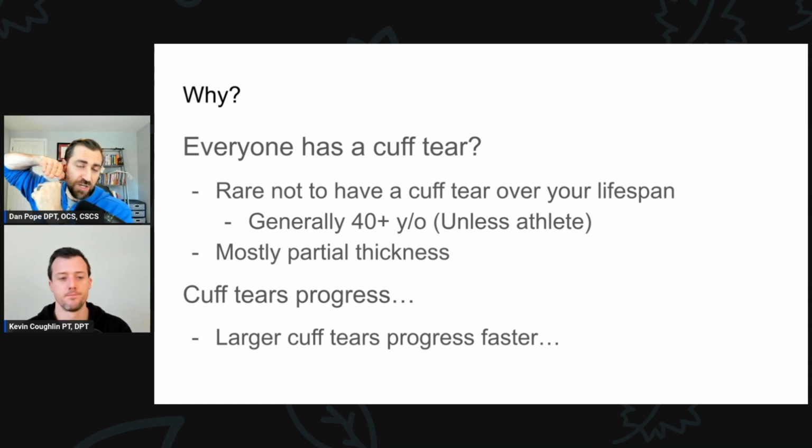But you can have a full thickness cuff tear and it's still attached. And what that means is that it's still strong, especially if the large majority of it is still attached. Once it completely pulls off, then it becomes an issue. The other part is if it starts to retract, so it gets further and further away from that glenoid, that's a worse and worse tear. The problem is that the larger the cuff tear is, the faster it will progress over time.